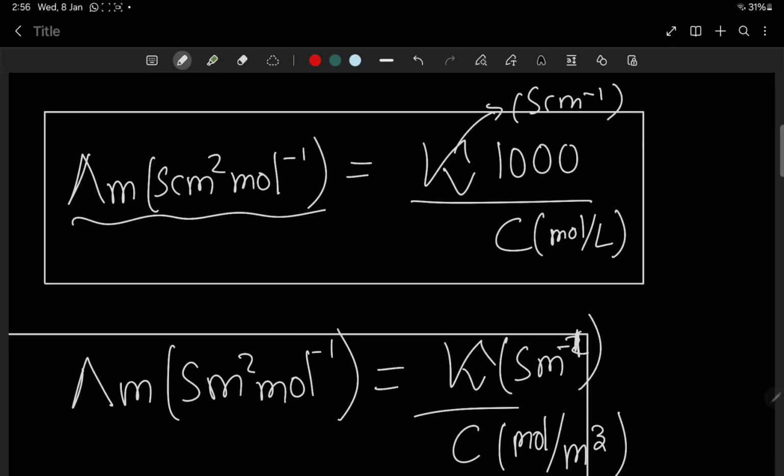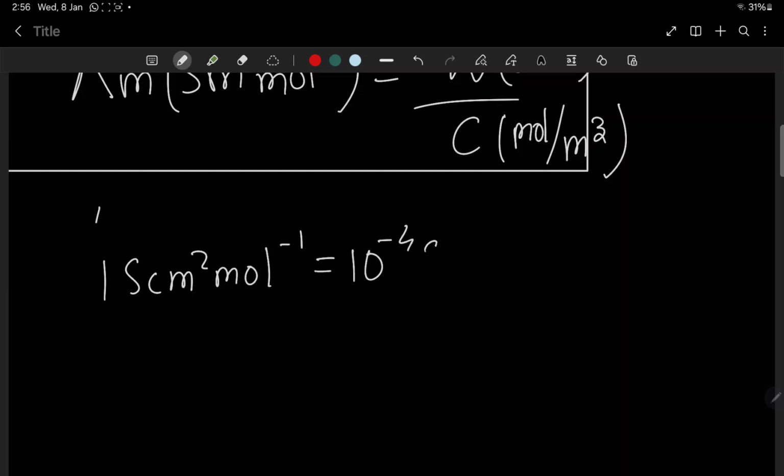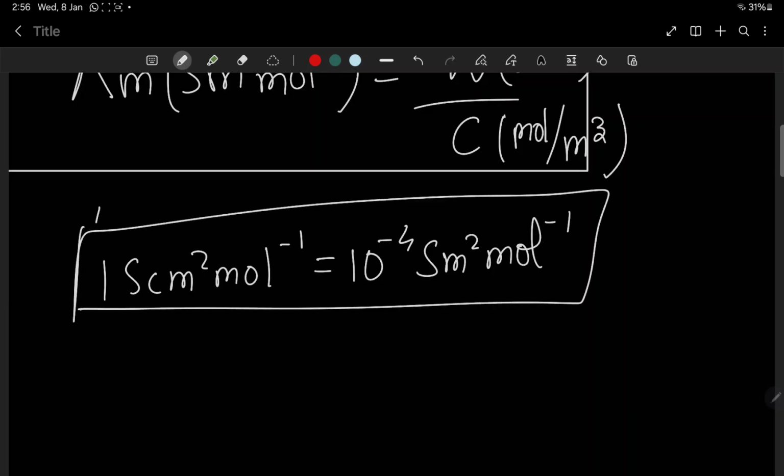So learn these two equations by heart, and learn this also: 1 Siemens centimeter square per mole is equal to 10 raised to minus 4 Siemens meter square per mole. This is an important conversion.